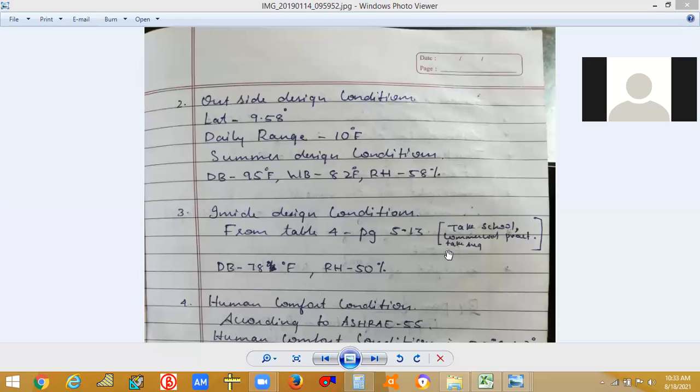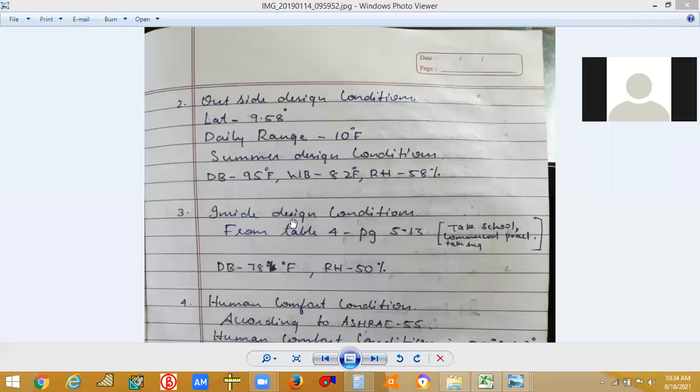I am not showing all the graphs, because we are not doing this practically. We are dealing with the E20 sheet, so I am not making you do all those things, but I am giving this for your understanding. So for inside design condition, you just write dry bulb is 78 degrees Fahrenheit and RH is 50.